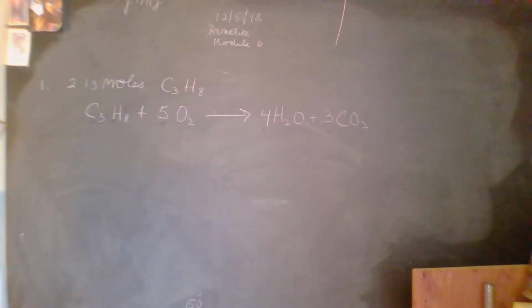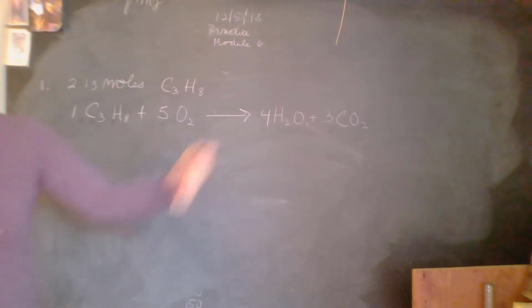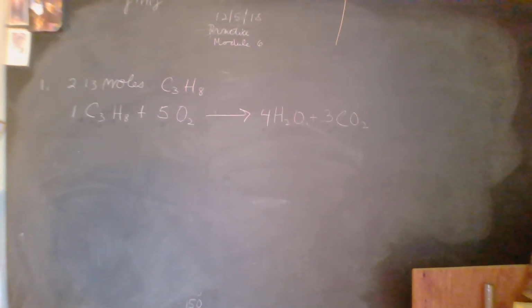Okay, so in order to figure out this, let's say I used 1 mole of C3H8. How many moles of oxygen would I use? 5. Right, and how many moles of CO2 would be formed? 3. Okay.